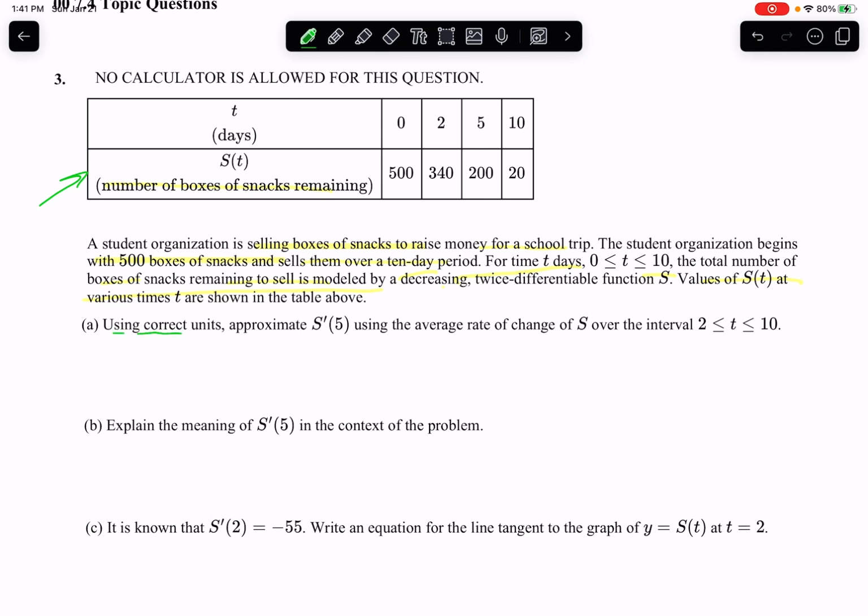Part A says, using correct units, approximate S prime of 5 using the average rate of change of S over the interval 2 to 10. So they basically told you what to do. Now let's make sure that we started out right.